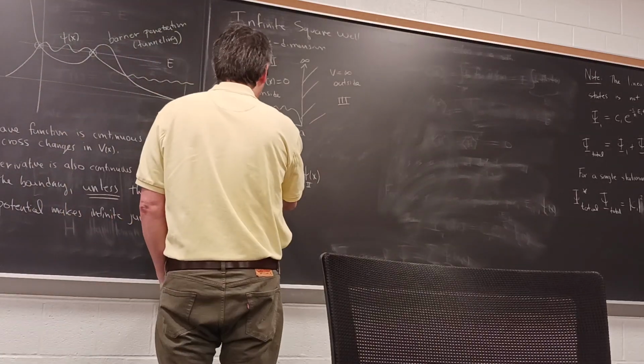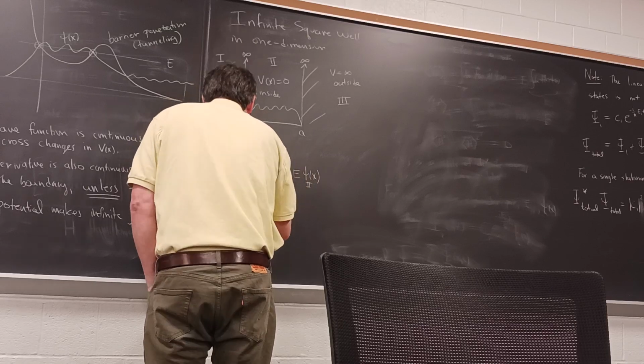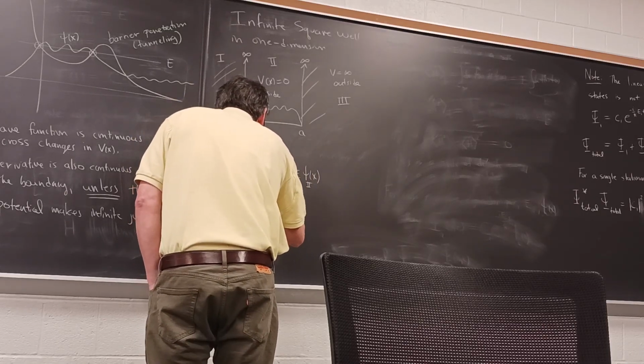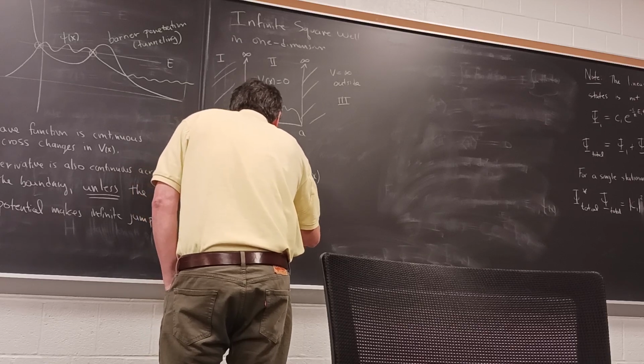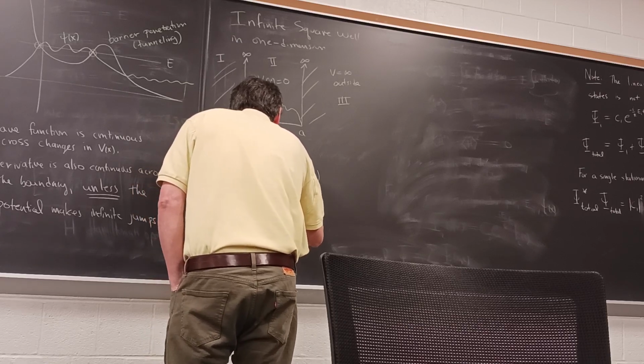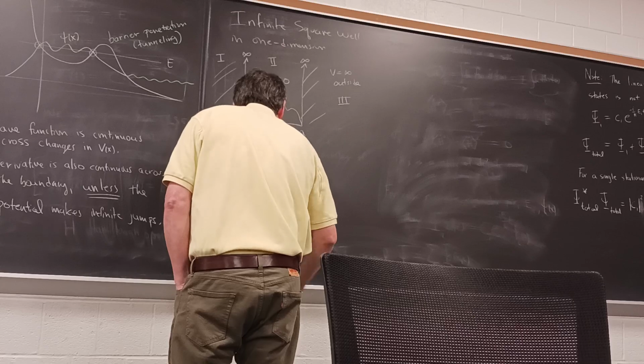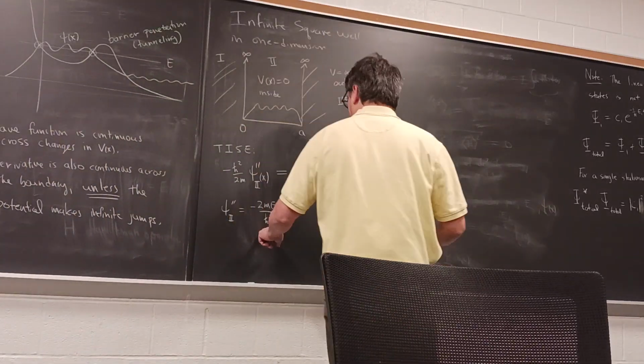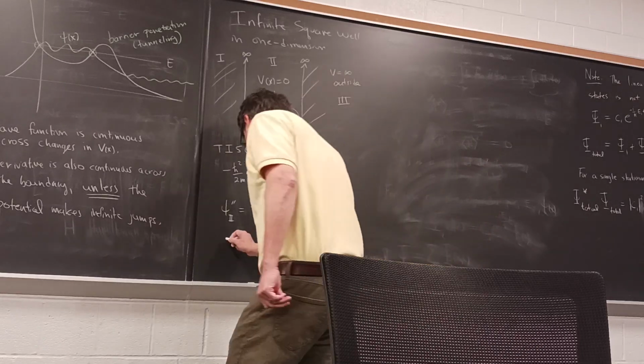Okay, so in region 2, this is the Schrödinger equation. And so psi 2 double prime is minus 2mE over h bar squared psi 2.